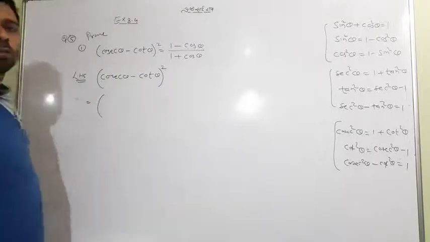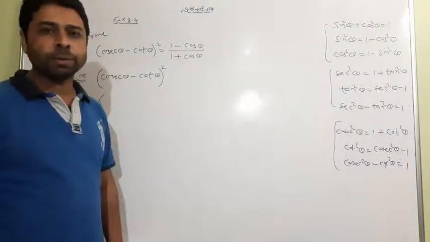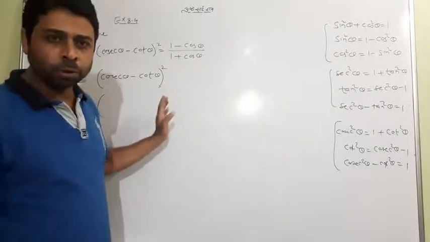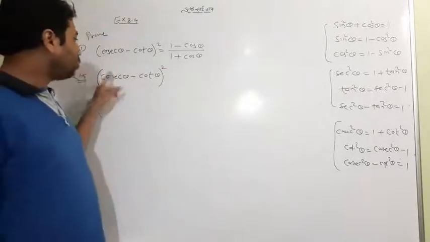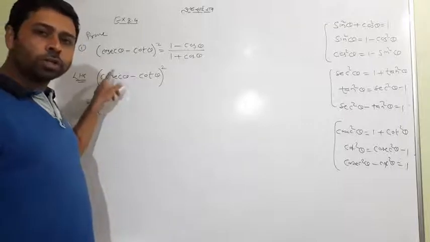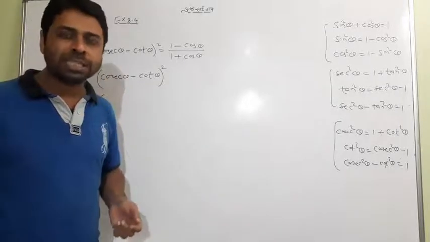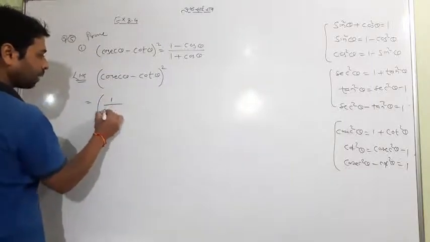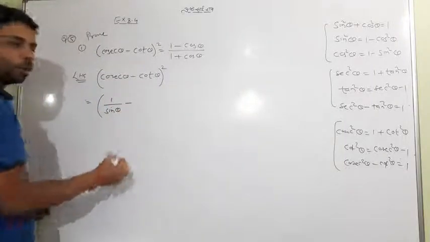In previous questions I told you to turn each term into the easiest format, which is sine and cos. So cosec theta is equal to 1 by sine theta.